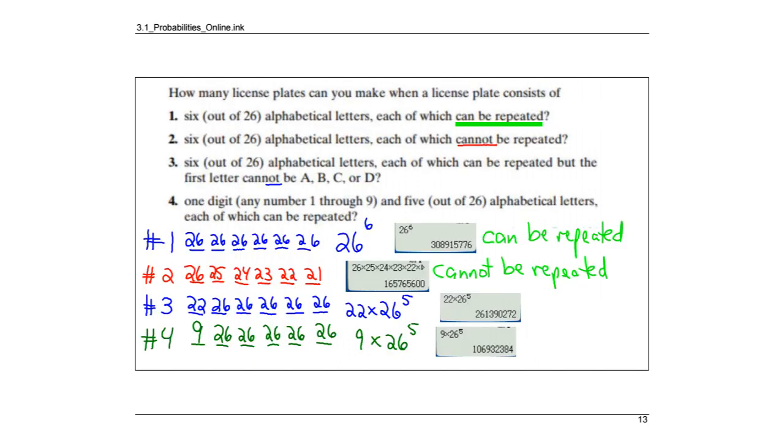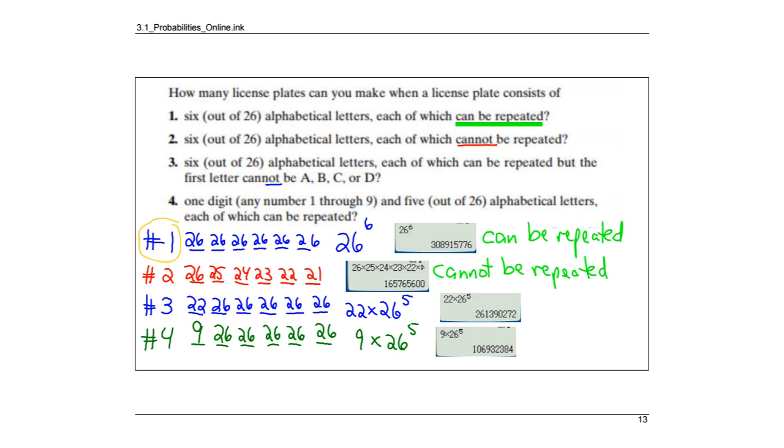All right, let's try one more, and this is going to show you how big this gets. So let's say you are making a license plate, and there are 6 letters in the license plate. And we're not bringing in numbers. We're only going to do letters. So there are 26 letters. Each of them can be repeated. So if they can be repeated, then you have 26 choices, right?